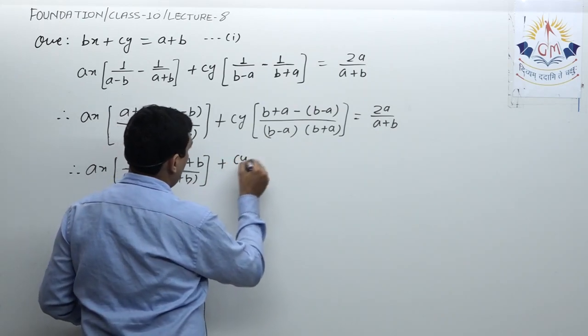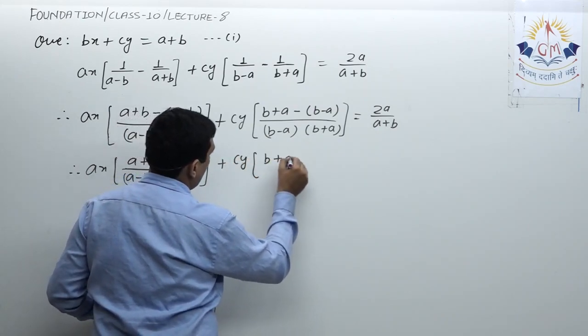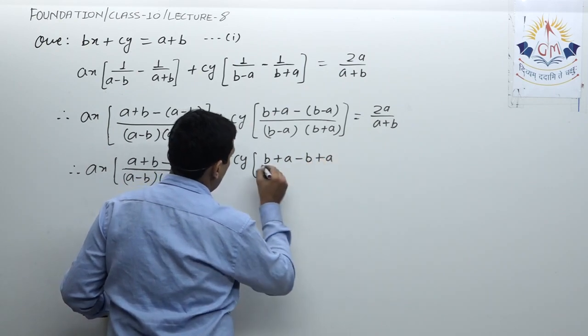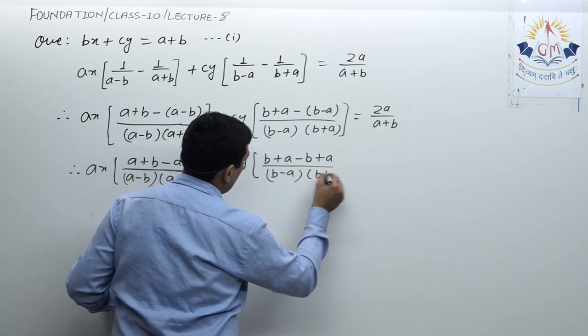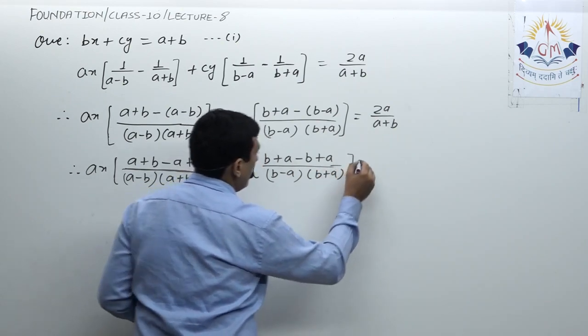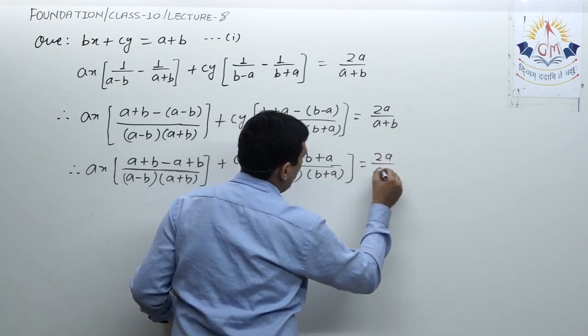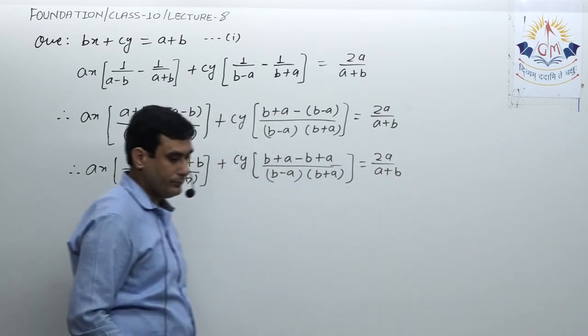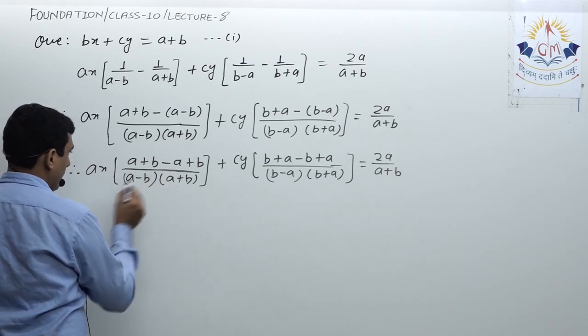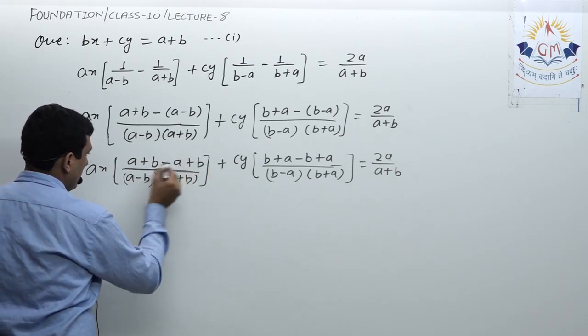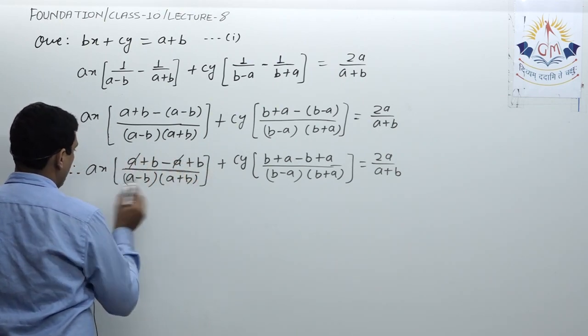So here cy (b plus a) minus (b plus a) upon (b minus a)(b plus a) is equal to 2a upon a plus b. Now over here I am taking that 1 upon a plus b common that I just discussed. This minus a plus a is cancelled first of all.